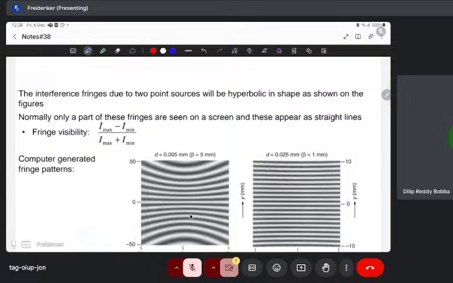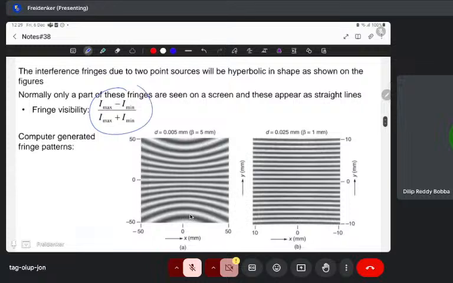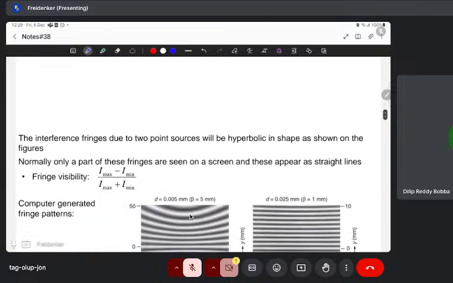Non-zero in the sense the difference should be non-zero. So one intensity is bigger than the other. Interesting. Maybe just remember this. What is the fringe visibility? This much. Easier to remember.